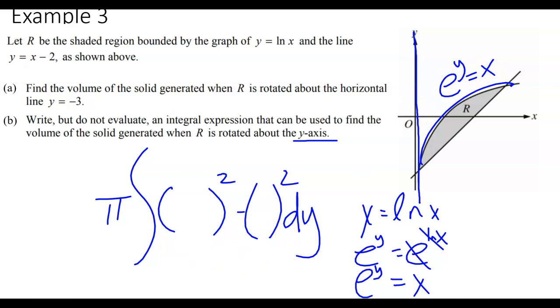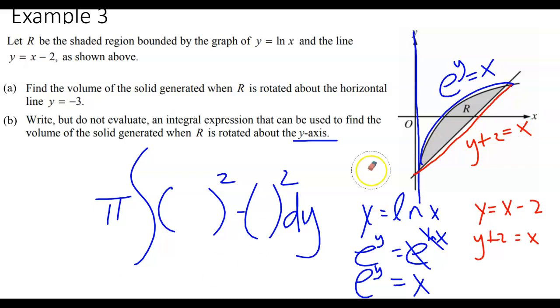Now the function on the bottom here, the red one, we also need to get that one to be a function in terms of y. So right now we have y equals x minus 2. But if I want to get this function to have x by itself, I would just add 2 on both sides, and I would have y plus 2 equals x. So now I'm going to call this function down here y plus 2 equals x.